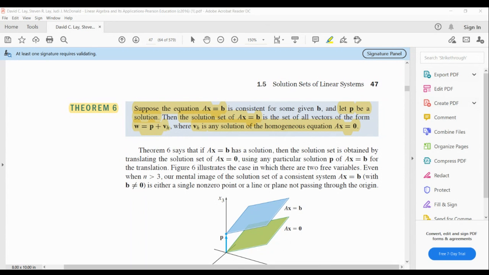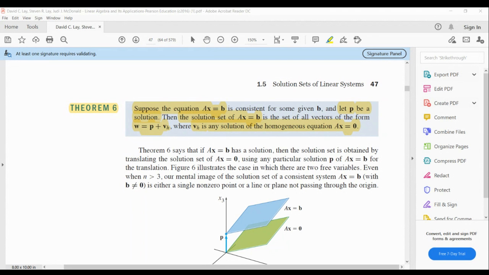How many maybe have taken differential equations? There's an analogy to theorem 6 in differential equations. If you have a homogeneous linear differential equation, where the number after the equal sign is 0, you get a homogeneous solution.